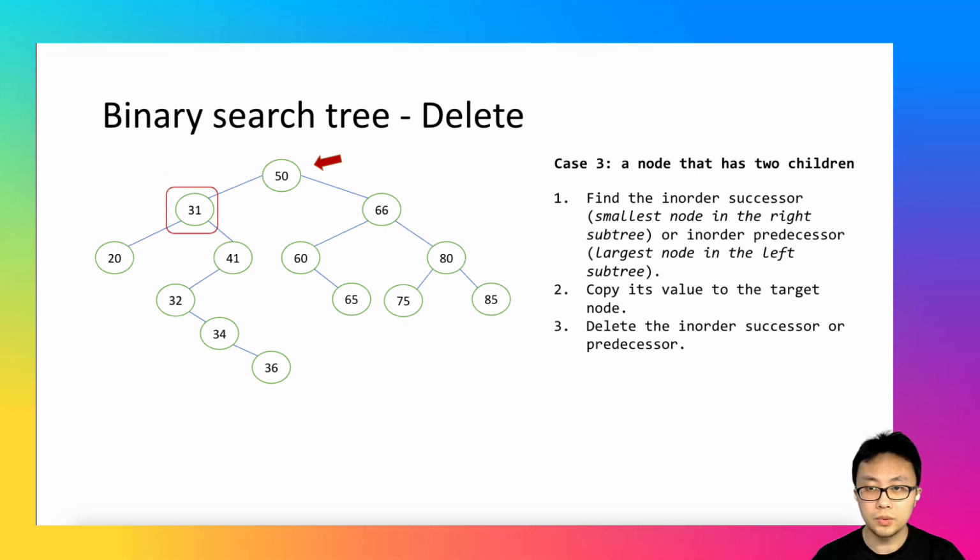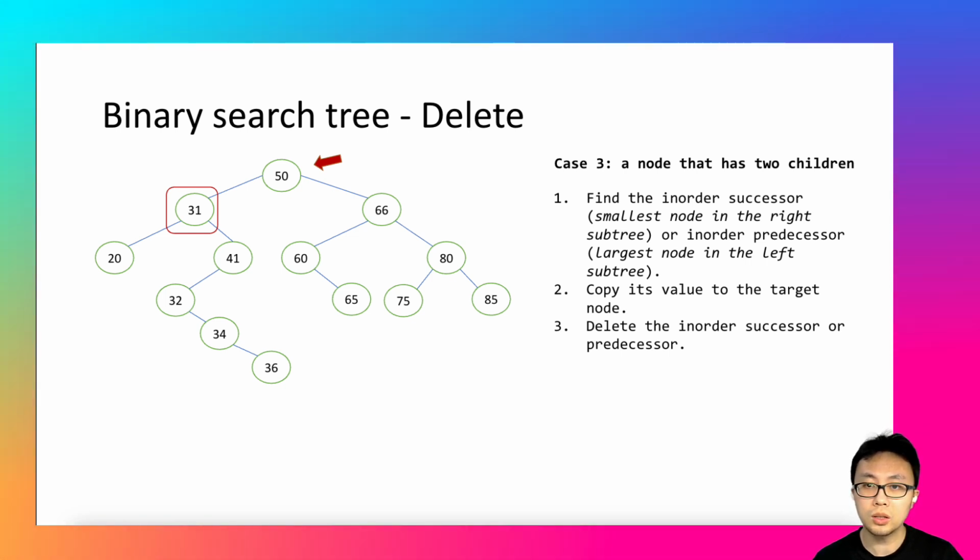In this example, the target node to delete is node 31. First, we need to find the value that will be used to override that of the target node. If you want to use the in-order predecessor, then we need to navigate into the left subtree. Since there's one node, and only one node, in the left subtree, that's our in-order predecessor.